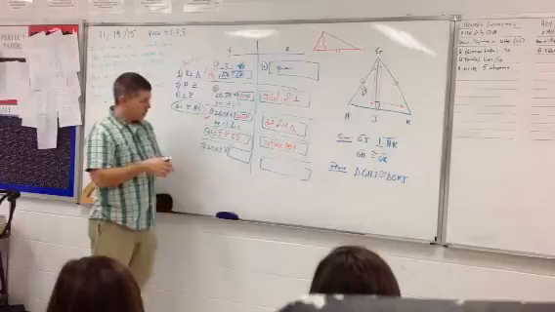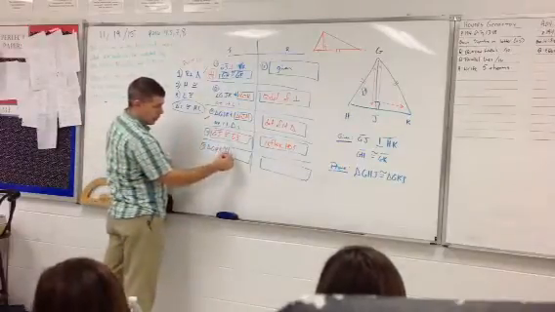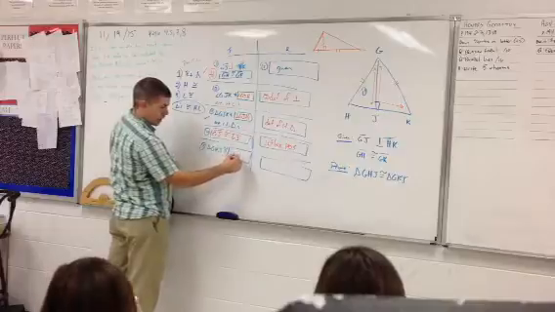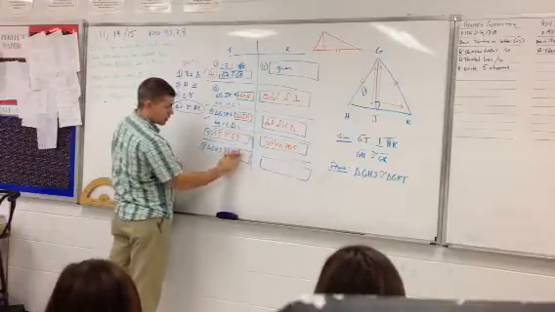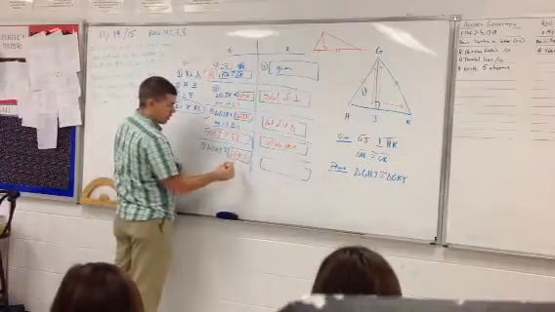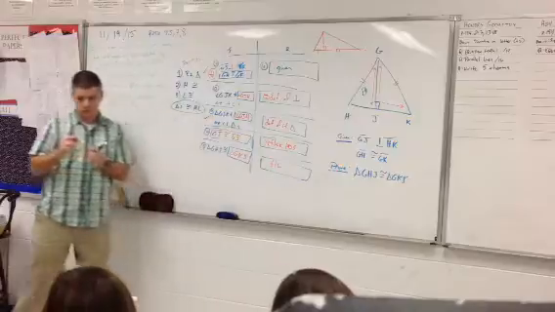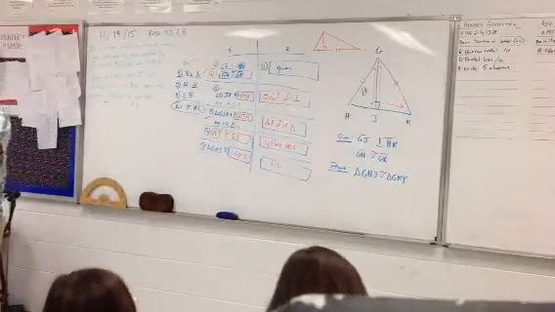It doesn't matter to me. So if I say triangle GHJ, what do you say? GKJ. Why? Hypotenuse leg. Are we good?